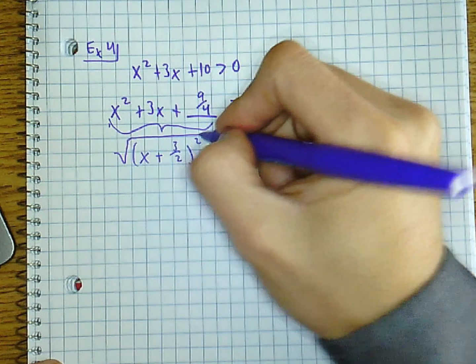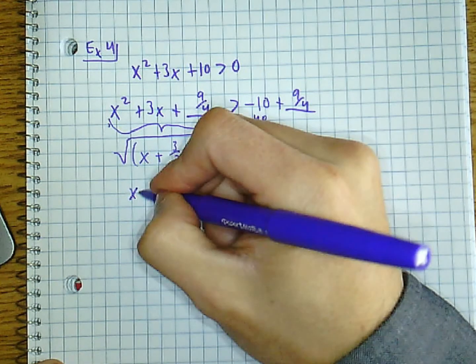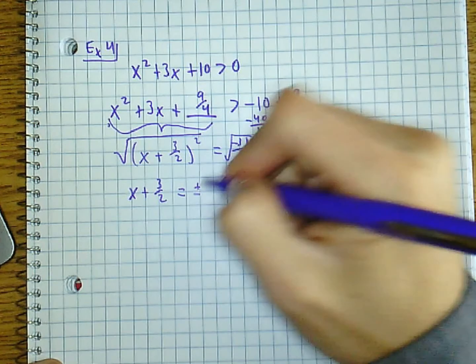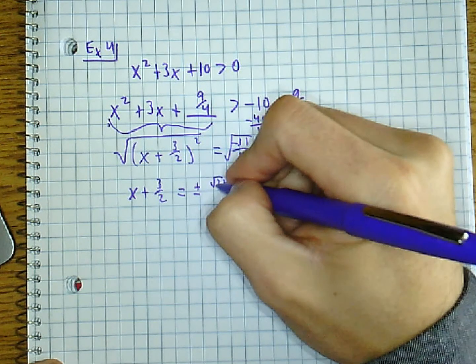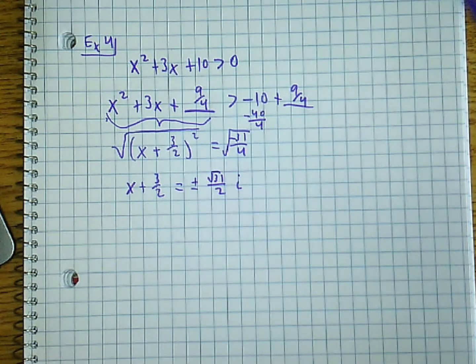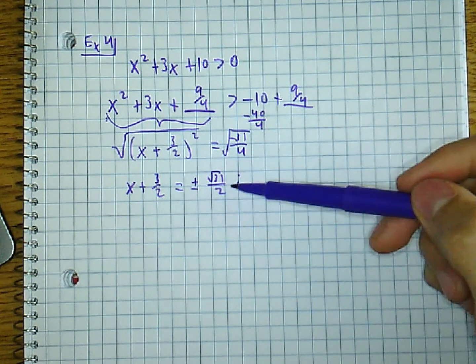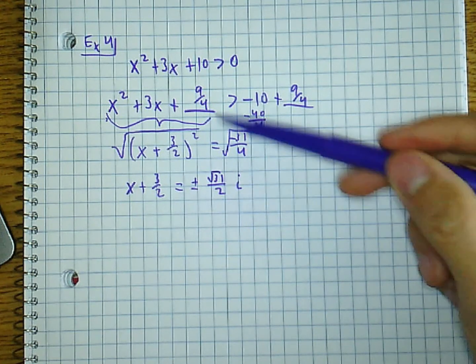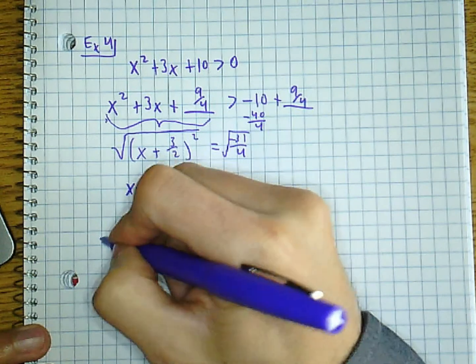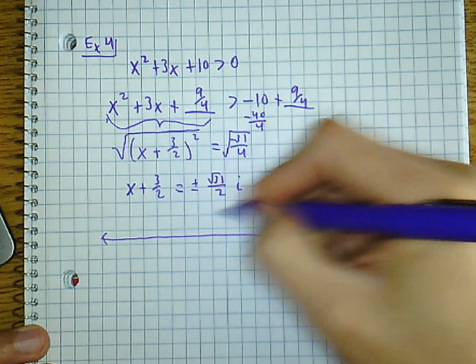So that gives me x plus 3/2 is equal to plus or minus square root of 31 divided by 2i. Now I'm going to stop there because I realize that this is imaginary. Both of my answers are imaginary, which means that when I create my number line, I don't have a number to put because it's all imaginary.